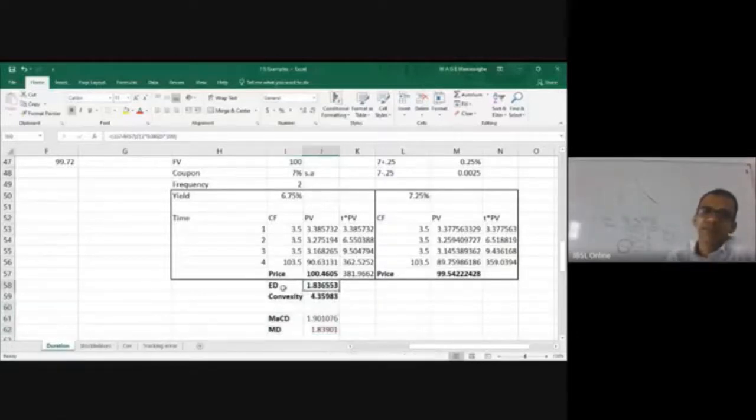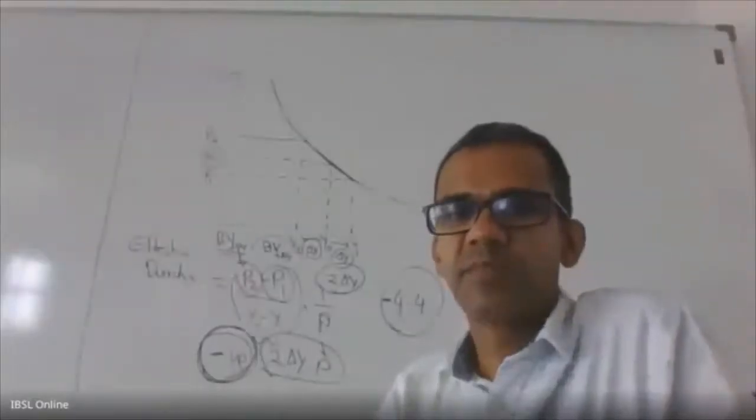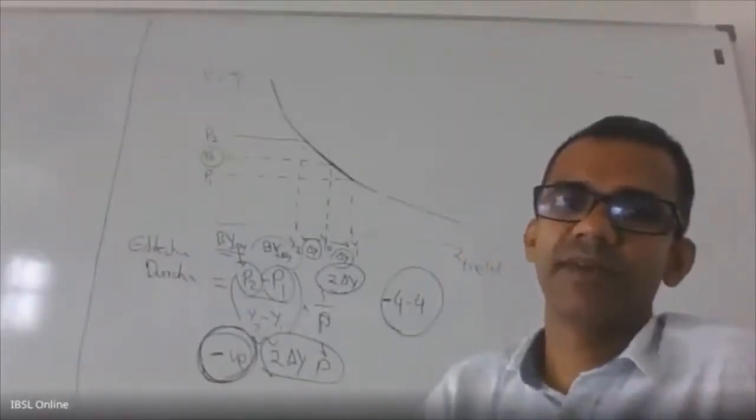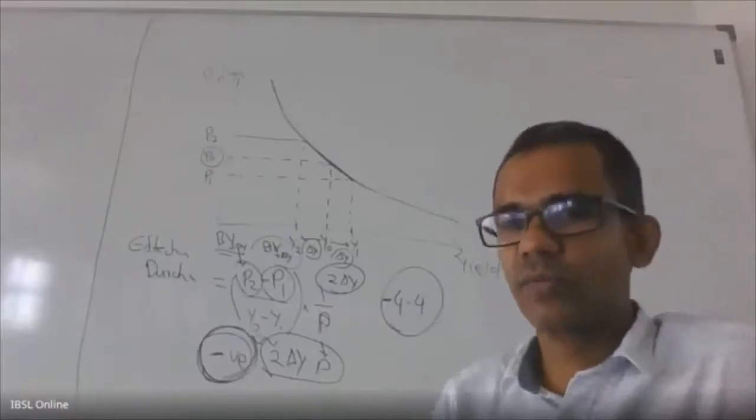How to calculate effective duration? If you know the prices, this is easy to calculate. And there are some bonds, especially callable bonds, where the price and yield relationship won't remain as what we discussed. The price yield relationship won't be the same as this for a callable bond.